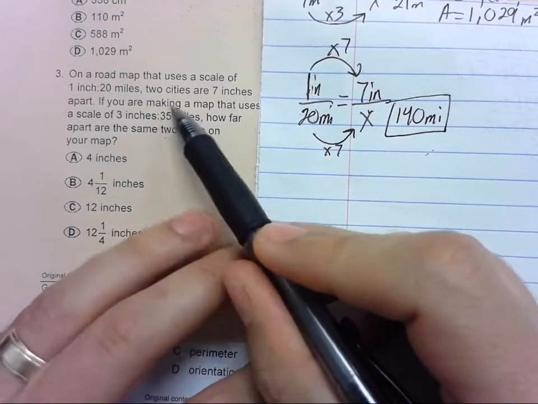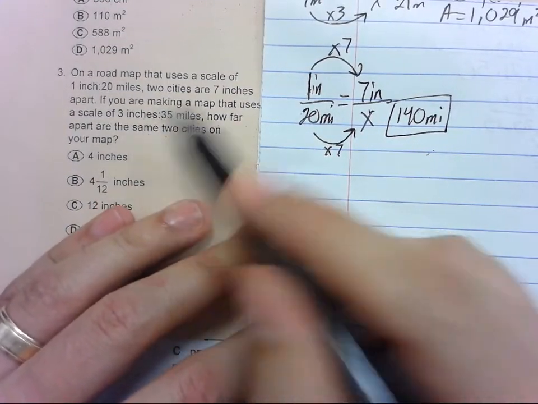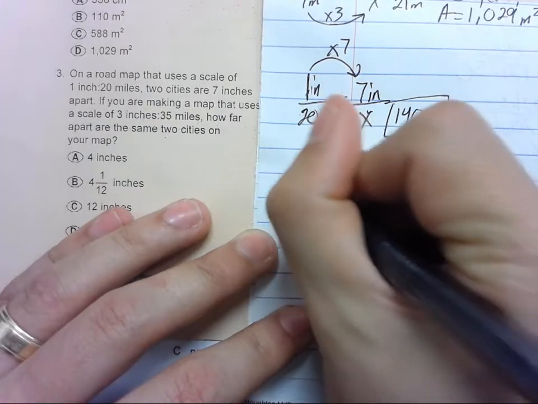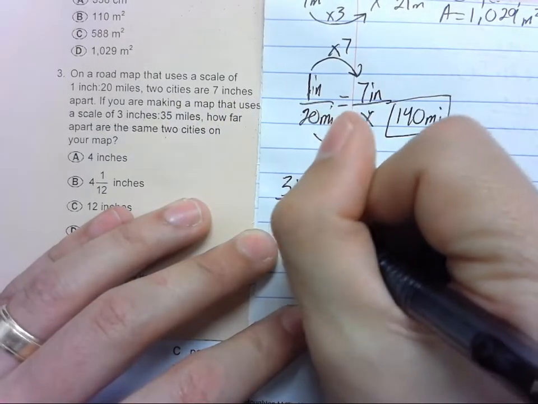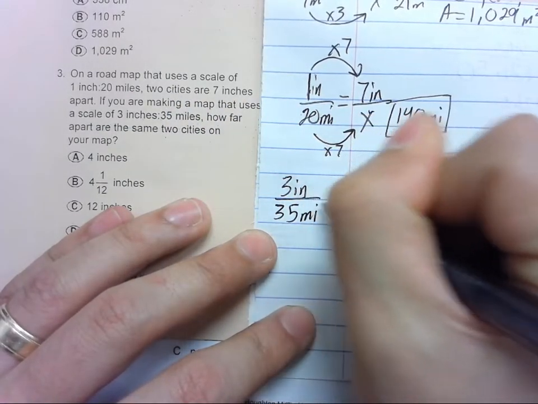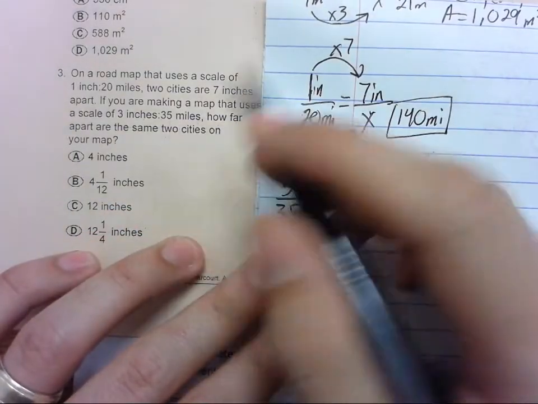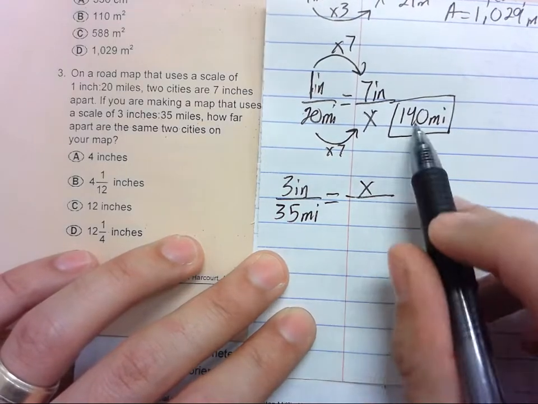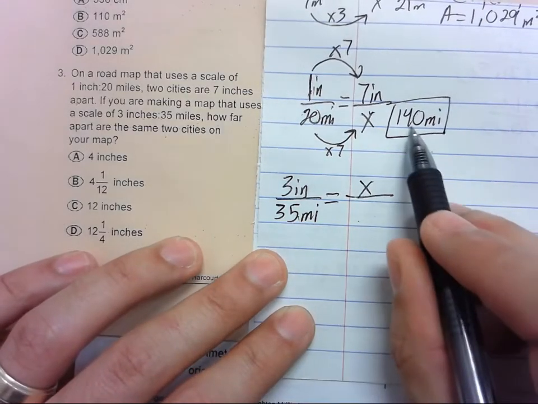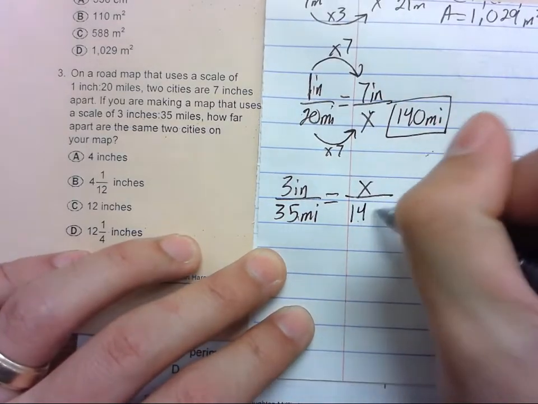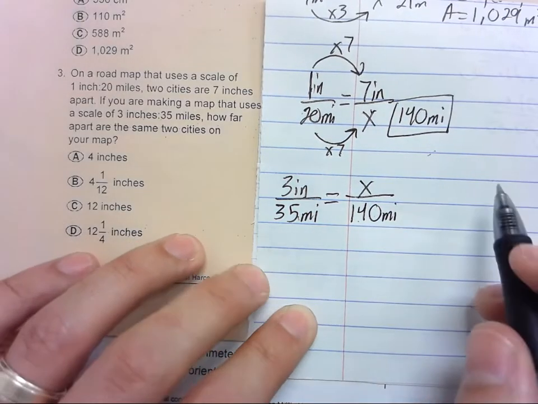But we're making a different map, and on the next map we have 3 inches representing 35 miles. Now on this map we want to know how far they are on the map. How far are they actually? We just found that out. 140 miles.